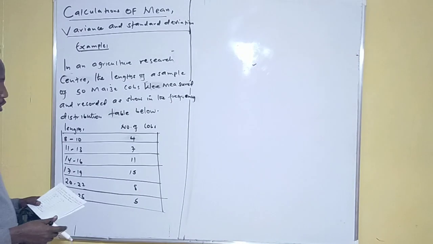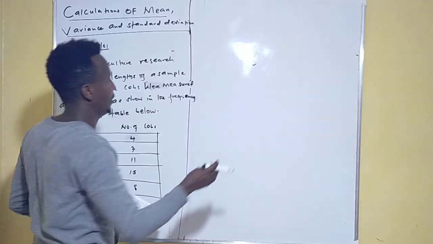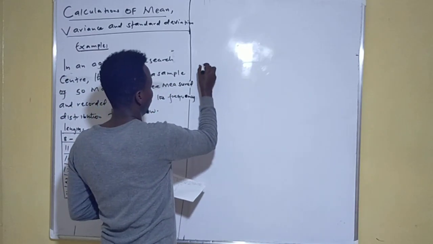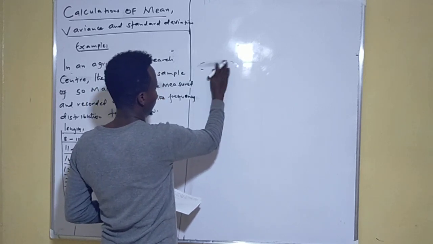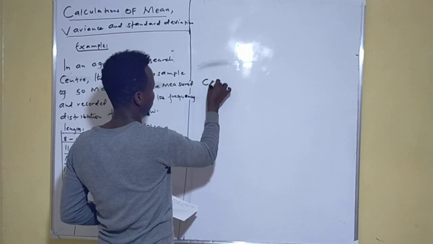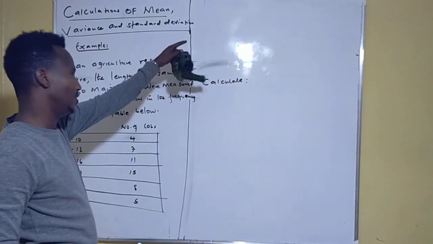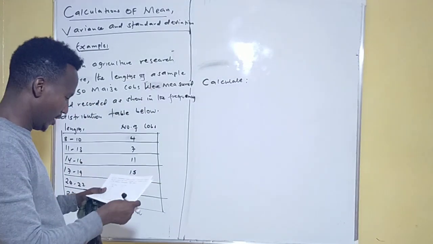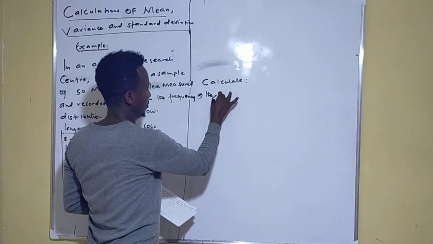From there you're told question A. Let me come here, question A. You're told to calculate, let me write here. Calculate. Because the light is doing some kind of reflection there on top, for you to see this. Question A, the mean.